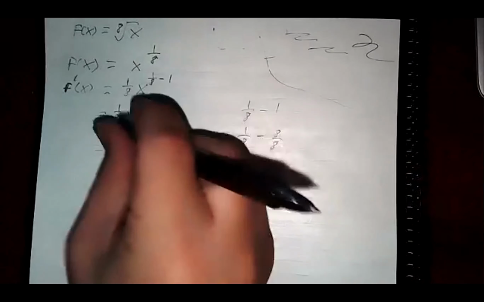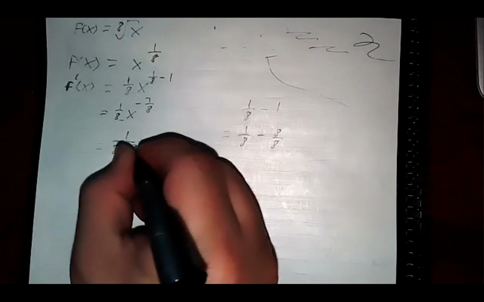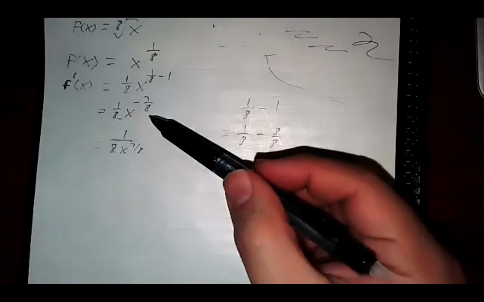But anyway, bring the x down to the bottom with the 8. So it'll be x to the 7/8. Okay, so we brought this power down to the bottom. Are there any questions on what we did?